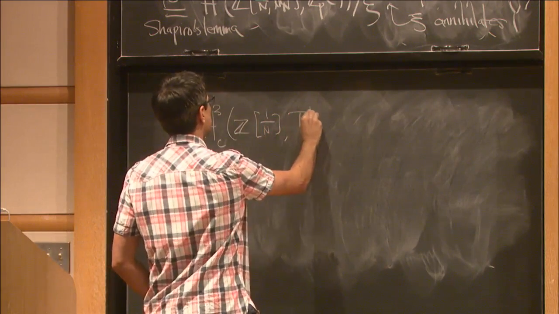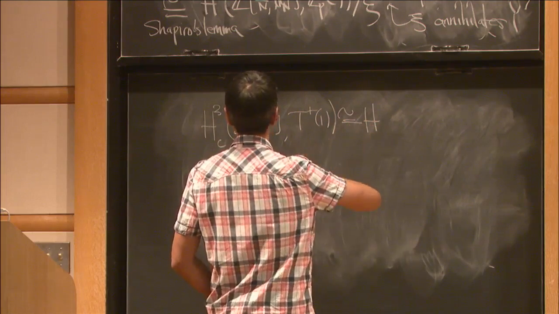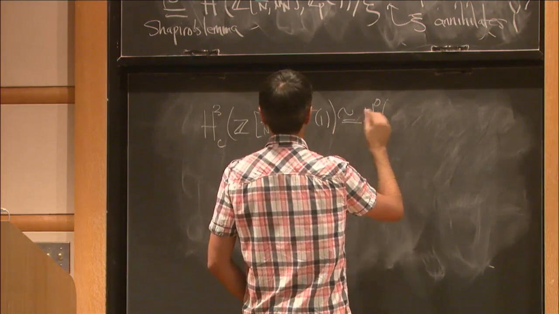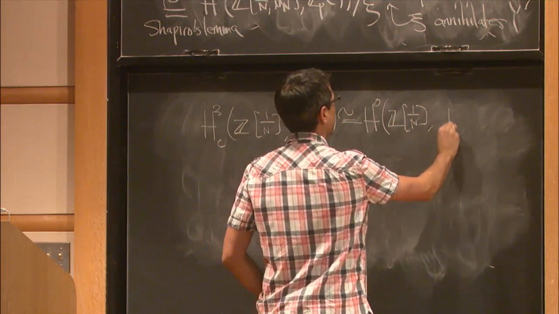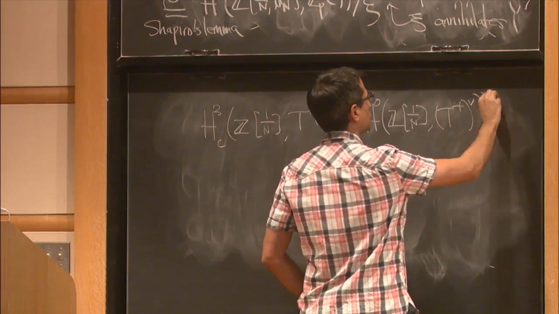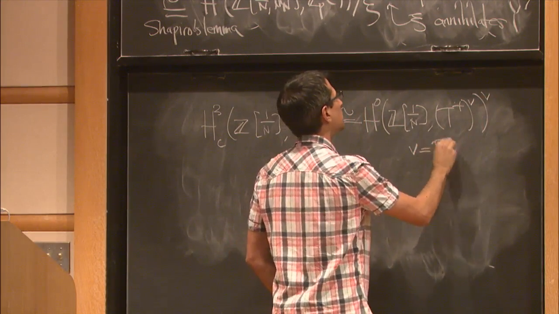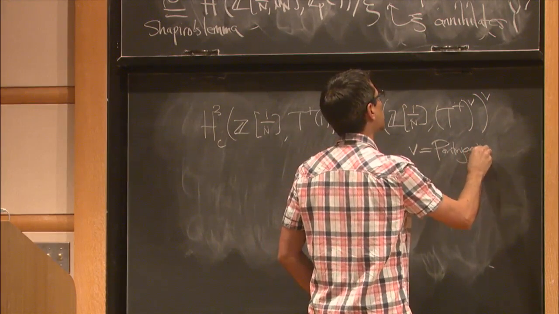What it says is that this H3 is the dual of H1 of the Tate dual. So we take H0, the Poincare dual of T plus, and we take the Poincare dual of that, so dual to Q_p mod Z_p, if you like.